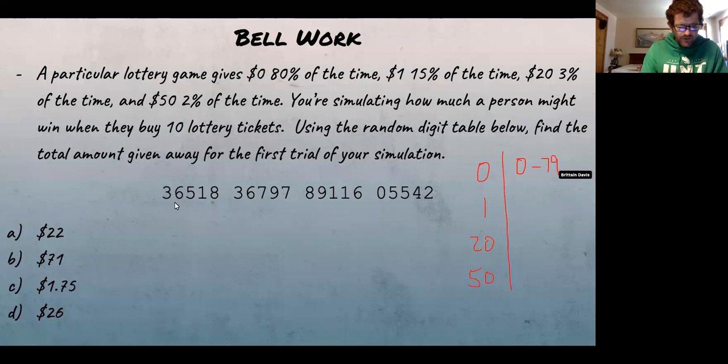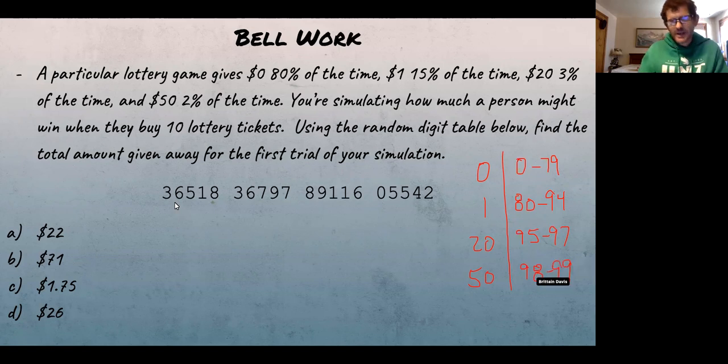For the next 15%, I'd go from 80 to 94. For the next 3%, 95 to 97. And the last 2% would be 98 to 99. So I can't actually go up to 100. If it helps you to write it out as 1 to 100 first and then subtract 1 from each value, that might be a good thing to do.